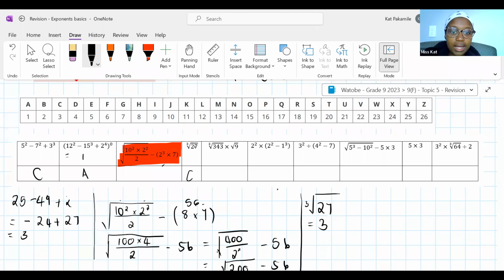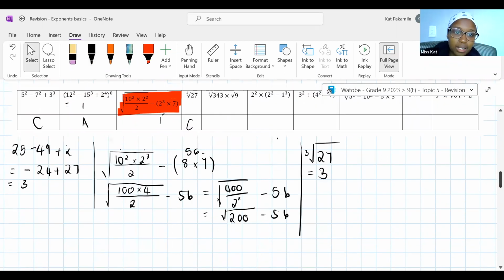Let us do the next one. The next one says, what is the cube root of 343? We should know this by now. Cube root of 343, 7 times, what's the square root of 9?